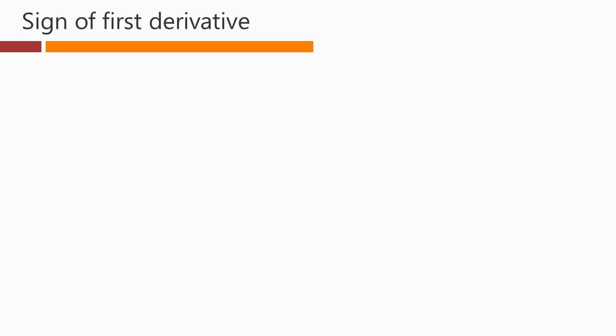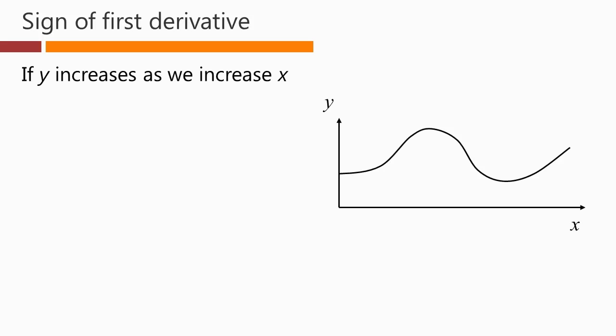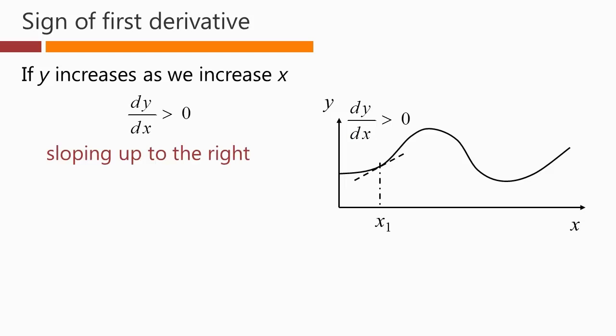Now let's look at the sign that we get for first derivatives. On our curve here again, if y increases as we increase x, which is what happens here at our point x1, then dy by dx is greater than 0 because we've had a positive delta x in going from the left to the right, and we've got a positive delta y in going upwards correspondingly in y. So dy by dx is greater than 0 for this particular example.